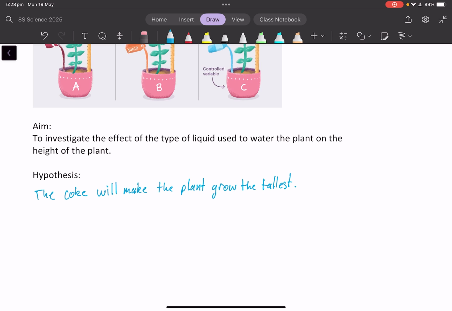If Coke will make the plant grow the tallest, which one will make it grow the shortest? Well, maybe I think water will. So the water will make the plant grow the shortest.